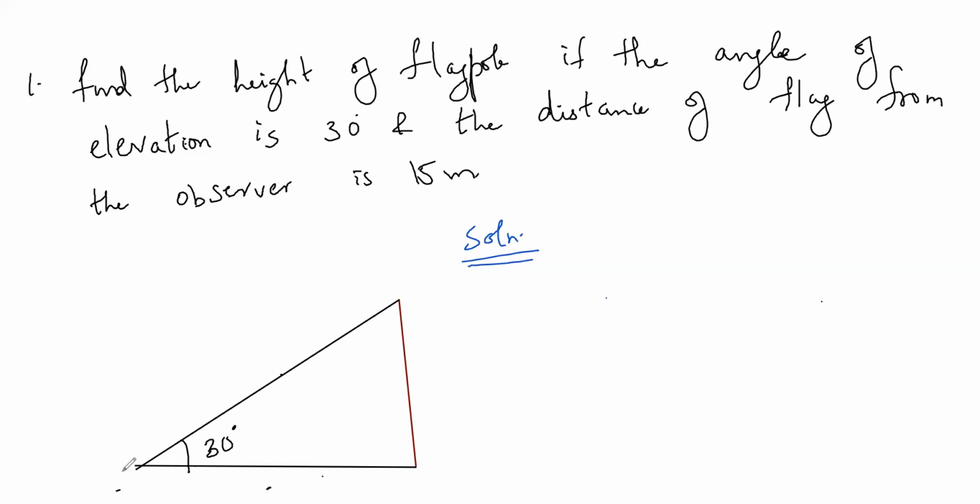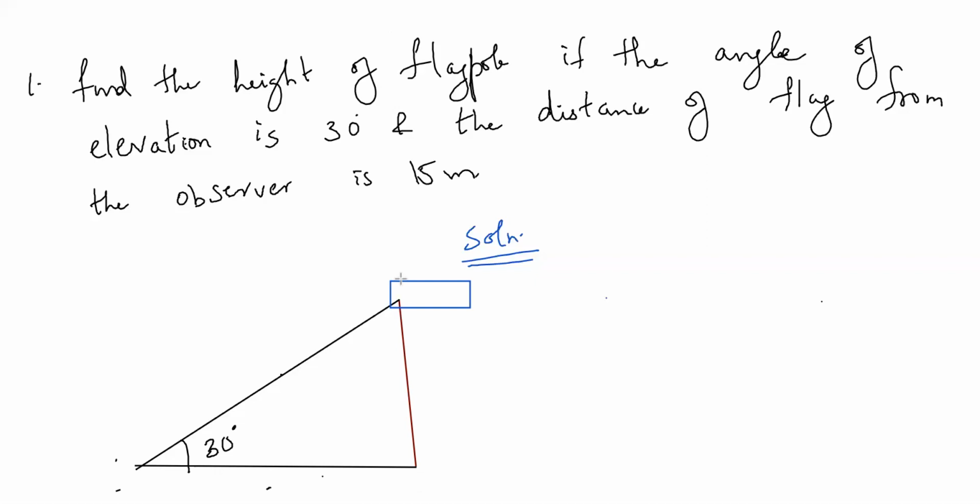Distance of the flag. This is the observer thing, correct? This part is the observer. This is the height of the flagpole that we have to find. This is my pole. What is a flagpole? Flagpole is somewhere I'll hoist my flag. For that, I'll just draw the flagpole also for you.